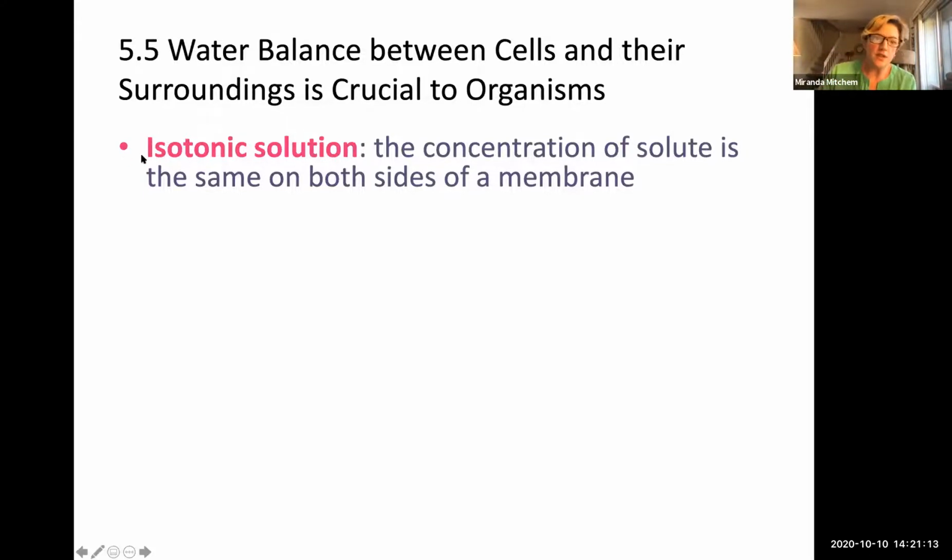So the prefix iso means the same. So in the isotonic solution, the concentration's the same on both sides of that membrane. So there will be no change in the volume of the cell because there's nothing to drive it. Similarly to what we just saw at the end of that video on osmosis.